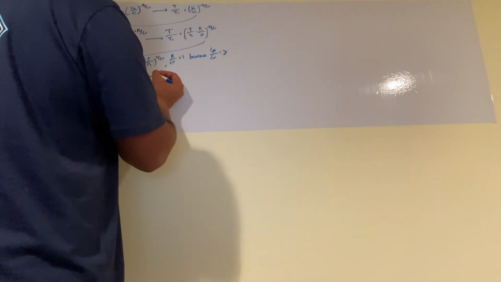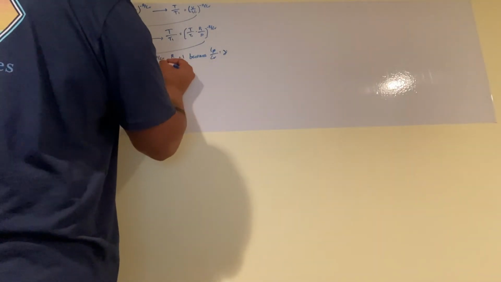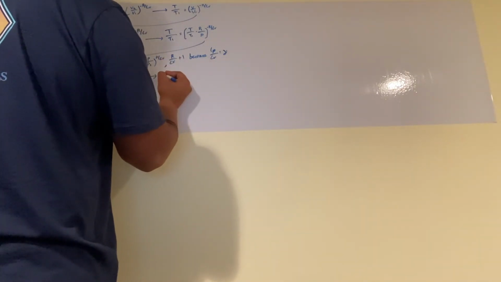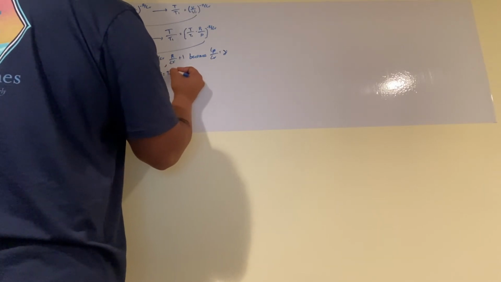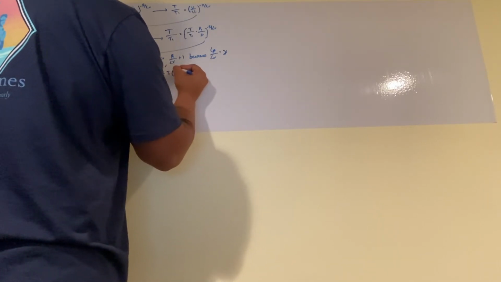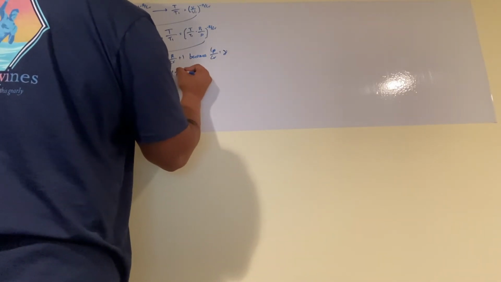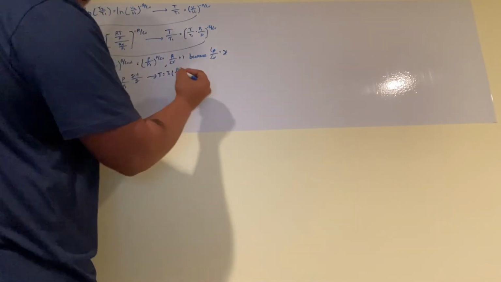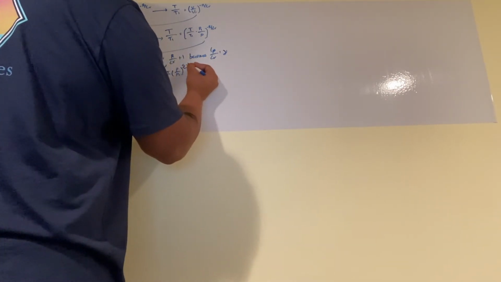Rearrange the equation one more time, just skipping through the algebra steps. So this just becomes T equals T1 times P over P1, all raised to the gamma minus 1 over gamma.